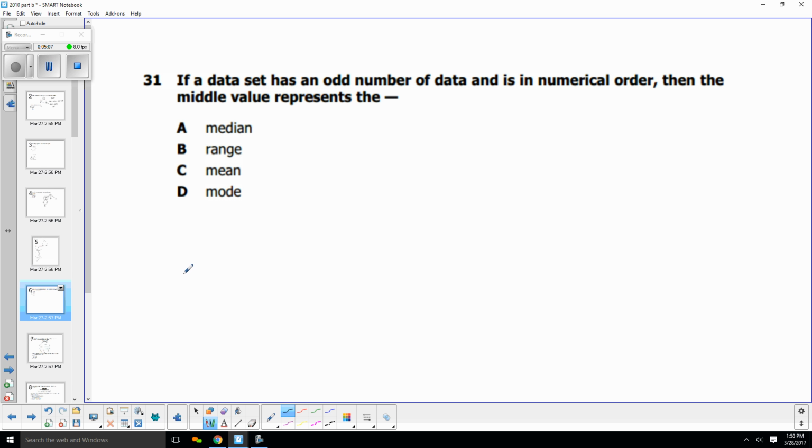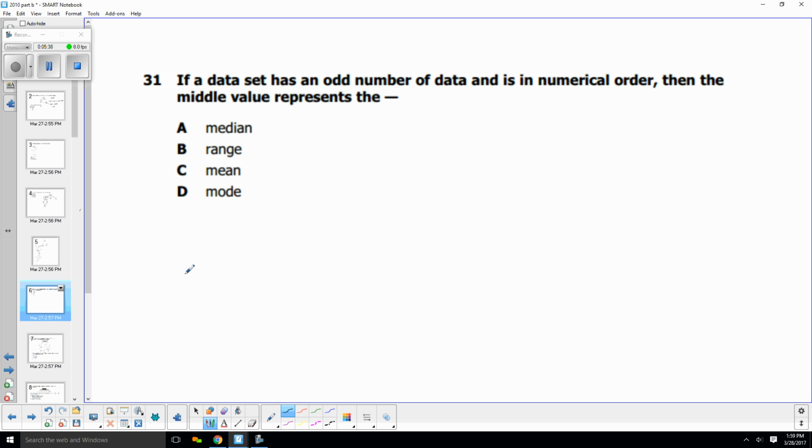Number 31. If a data set has an odd number of data and is in numerical order, then the middle value represents the blank. What is the middle value of a set of data that's in numerical order, Caitlin? Median. Okay. Range is what? Highest minus the lowest.